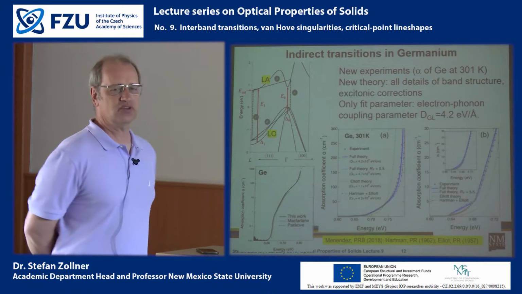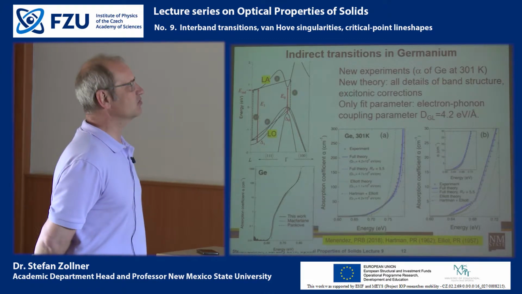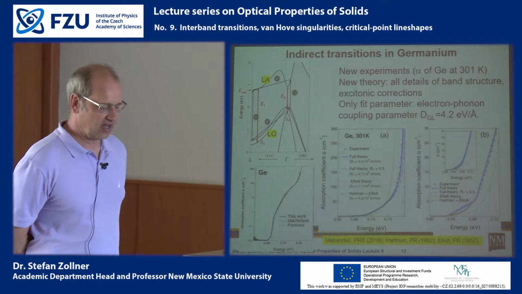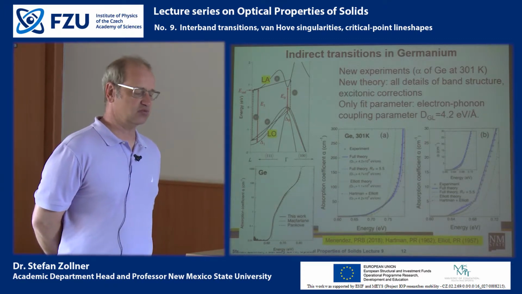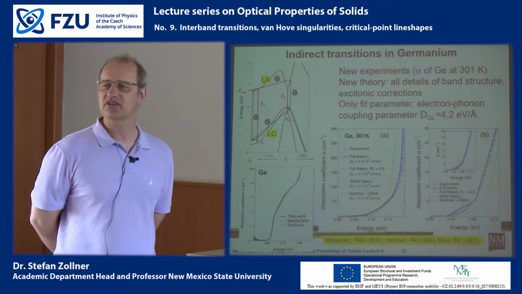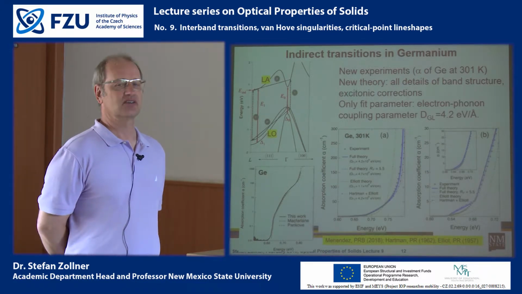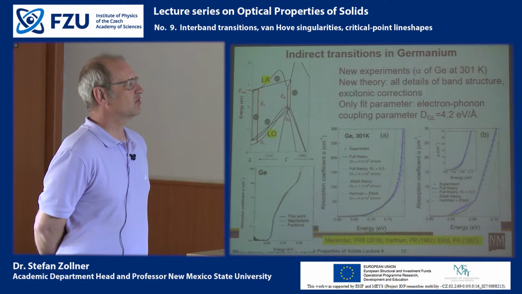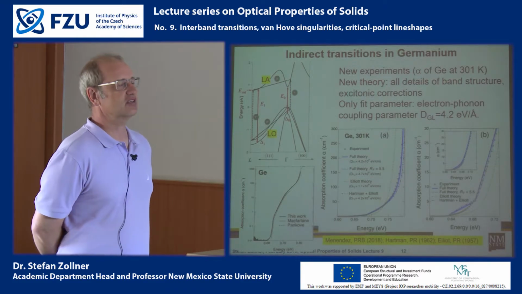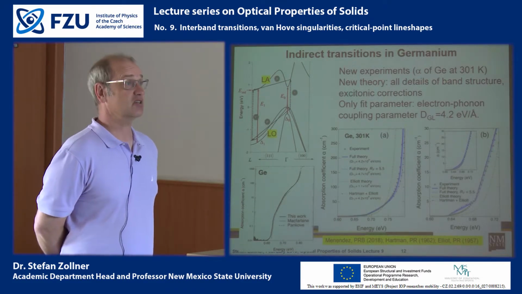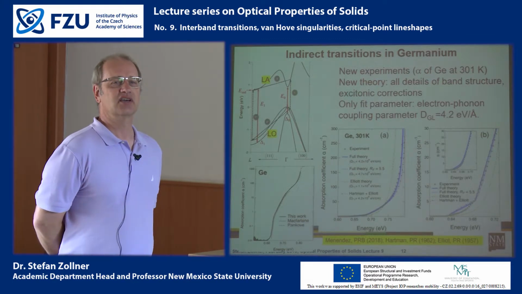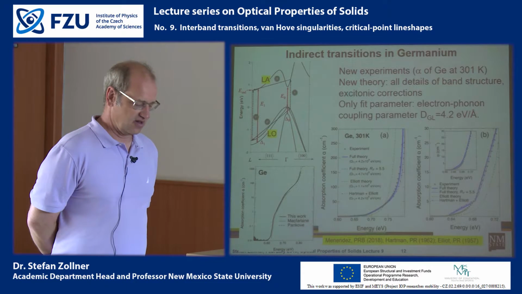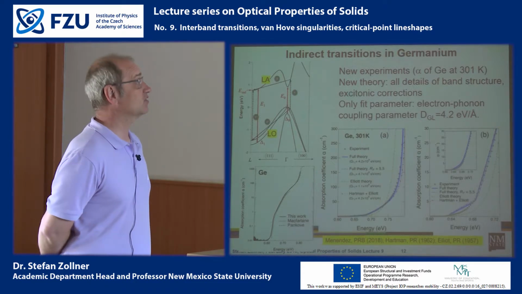And the problem when you do absorption measurements is that you have to worry not only about the energy which is absorbed in the crystal, but also about the energy that is reflected. And so many of the early experiments ignored the reflectance losses because the refractive index of germanium was not very well known, and therefore the reflection losses couldn't be calculated very well.